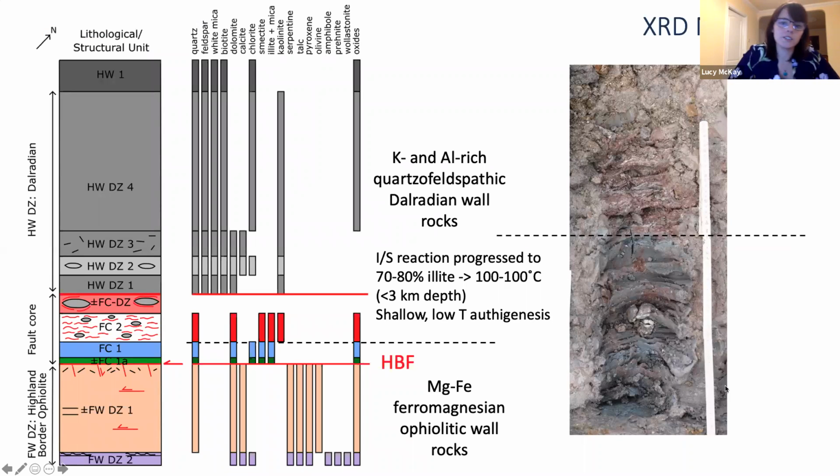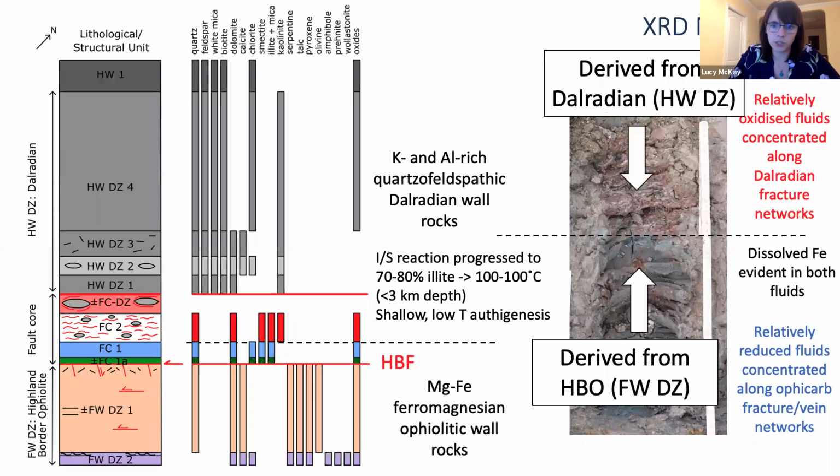This slide just highlights our XRD mineralogy from the fault core. And it shows that it's quite complex, but there's a distinct chemical change between the blue gouge and the red foliated chaotic breccia.